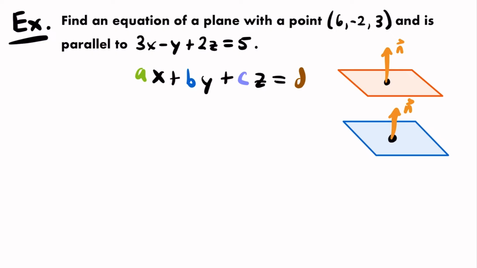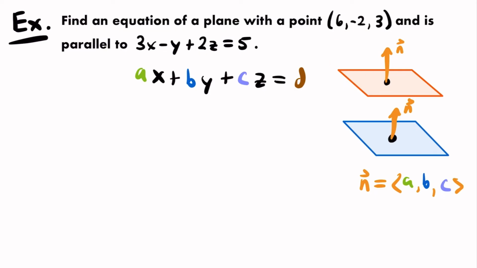We can very quickly find the normal vector from this plane using those values of a, b, and c, right? The normal vector to a plane has components of a, b, and c. So if we look at the coefficients of x, y, and z in this plane equation, we can find the normal vector for the plane that's parallel to the plane we're trying to find an equation for, and then we can use that normal vector and this point right here to represent that plane.